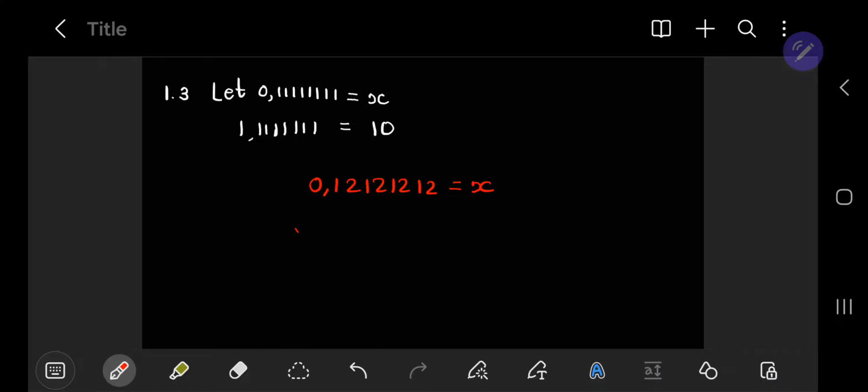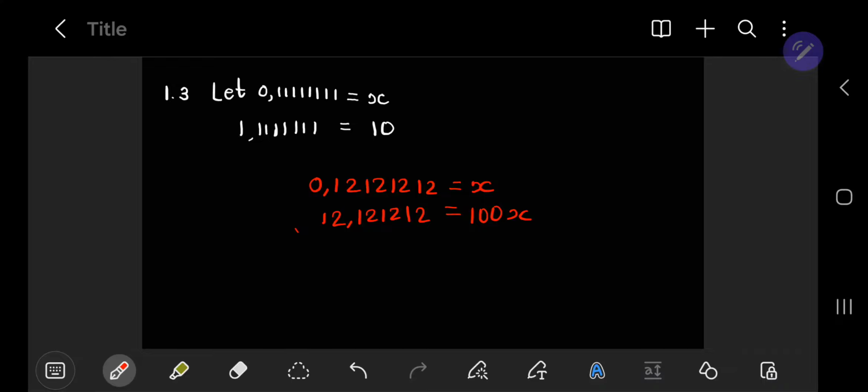So the value we multiply by should have 2 zeros. You would multiply both sides by 100. So when you multiply by 100, your decimal is going to move 2 spaces to the right. So this would become 12.121212. And on the right hand side, 100 times x would be 100x. So this is how it works.